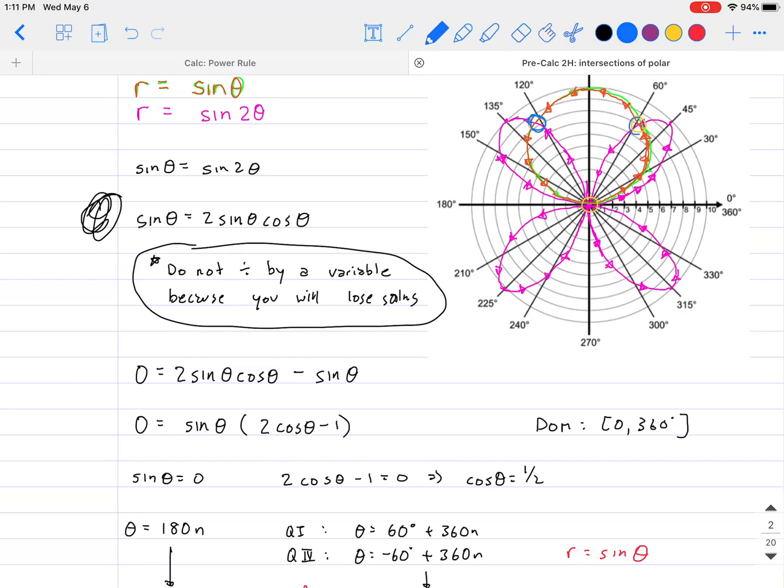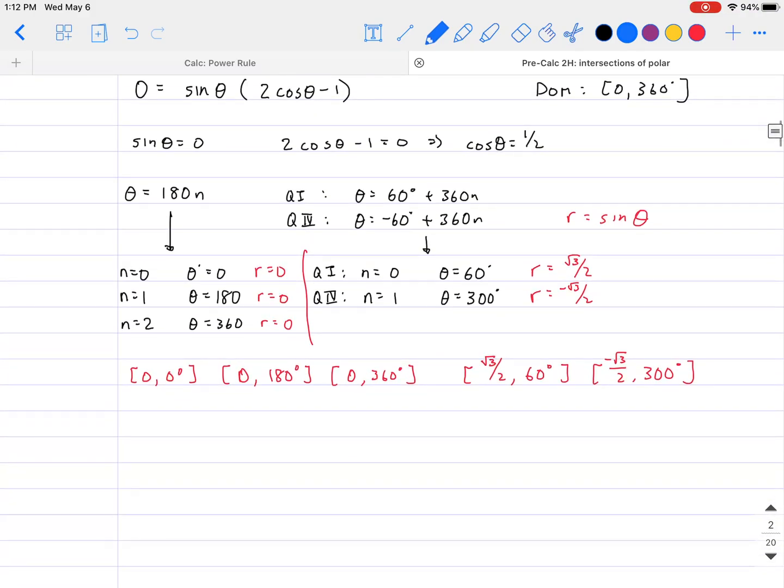Remember, earlier we said that we have 3 places: the one in quadrant 2, the one in quadrant 1, and the pole right there. So those are going to be our solutions. Technically, physically, there are 3 intersection points, but there are a total of 5 intersections because you intersect at the pole 3 times.